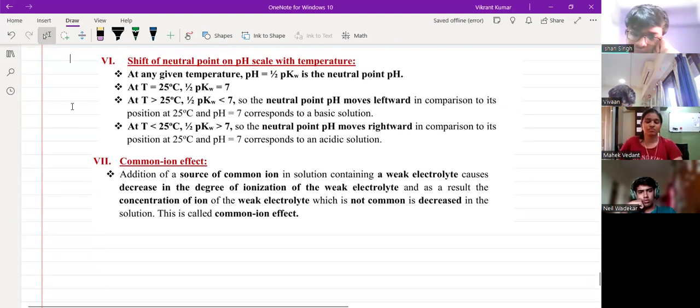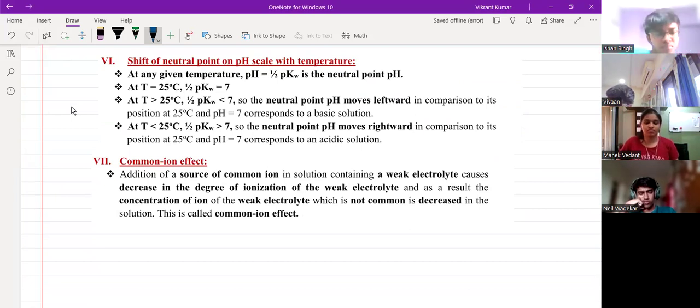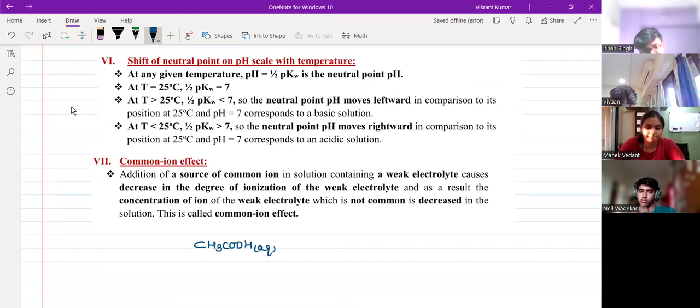Like if I'm having a weak acid, if I give you the example of CH3COOH, and I'm talking about its ionization in water or in aqueous solution, we have this equilibrium established between the unionized form of that acid and the ionized form of the acid, and it will have some Ka.